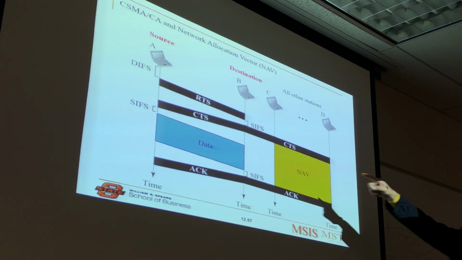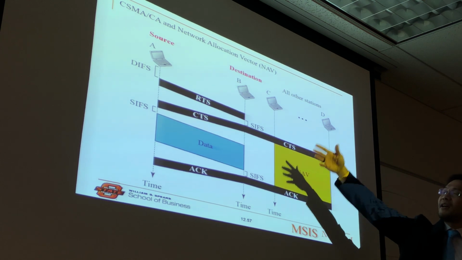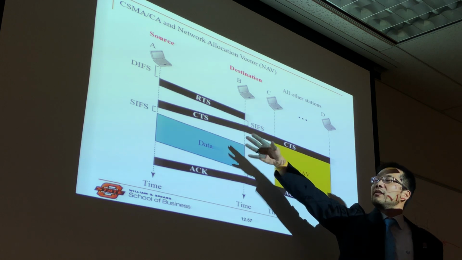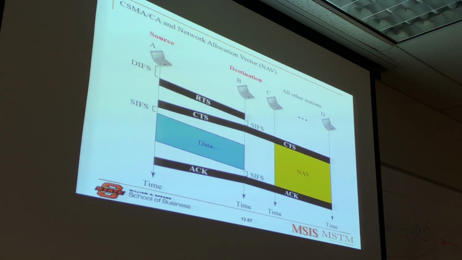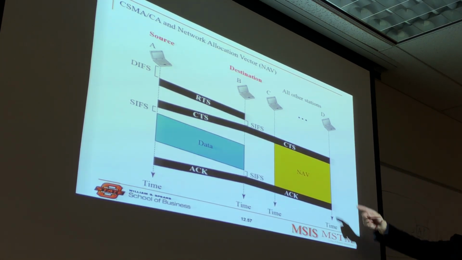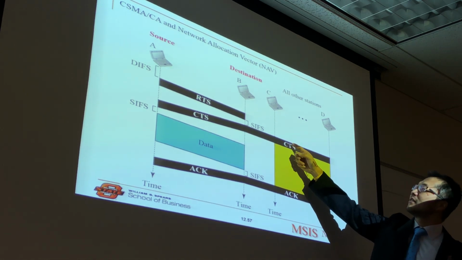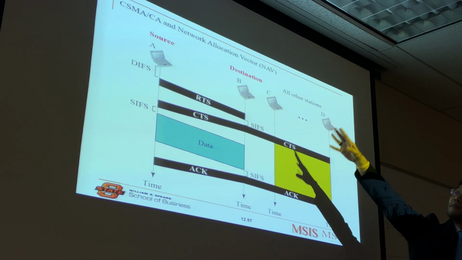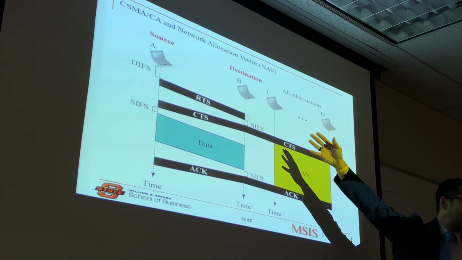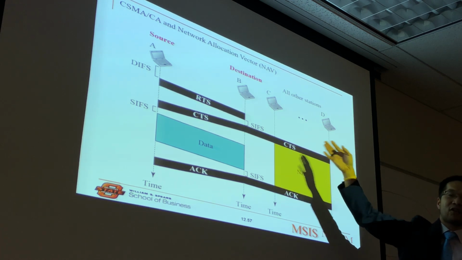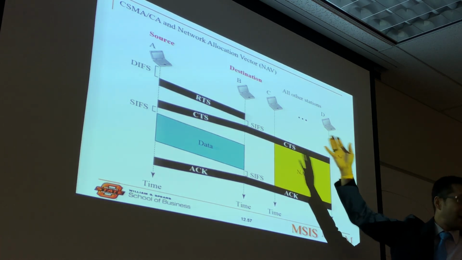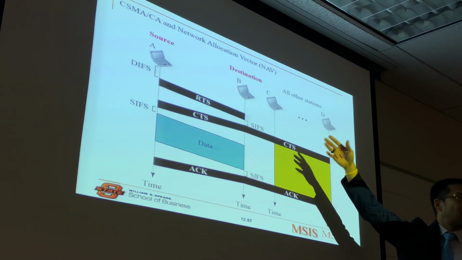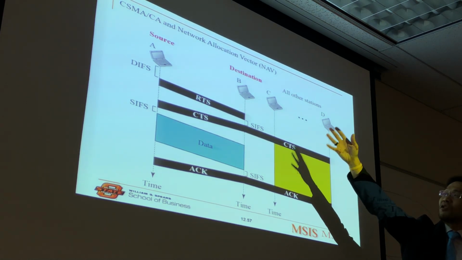Again, you send out RTS, request to send, saying I have something to transmit, and then the communication partner should send a clear to send message back. By listening to clear to send, the other devices can sense that device B is occupied now, and the channel is being occupied, so we should not try to transmit RTS again, because a transmission is already going on.